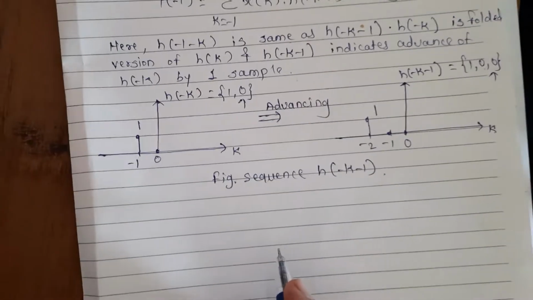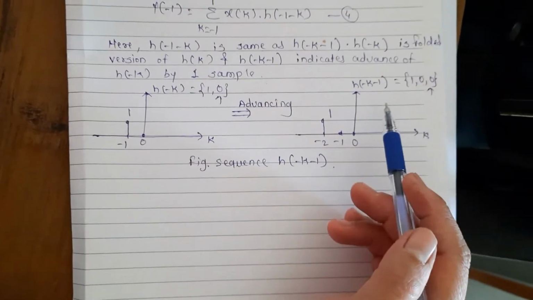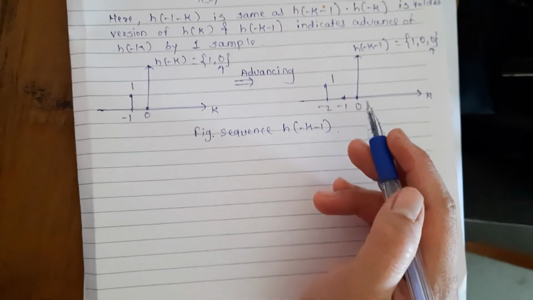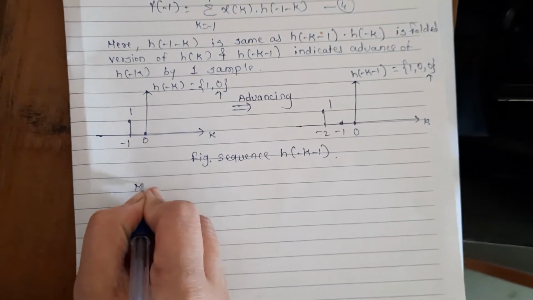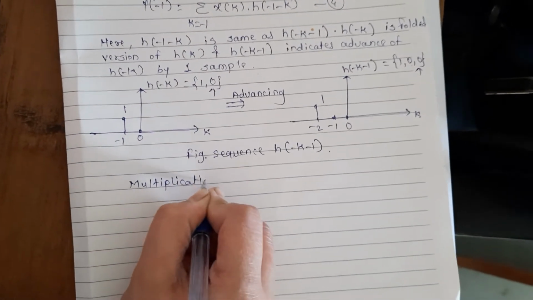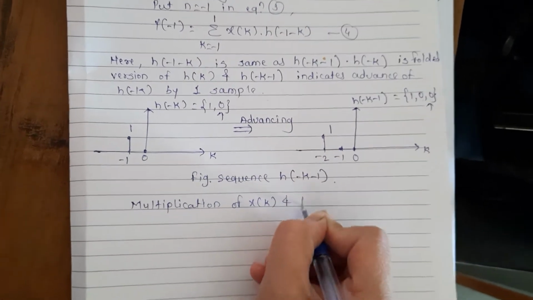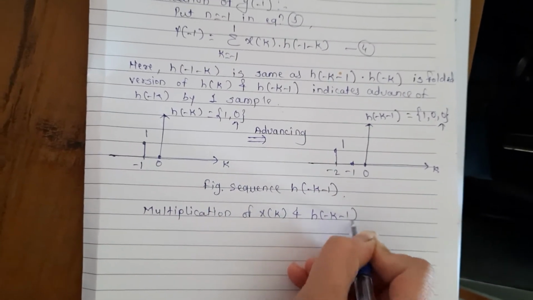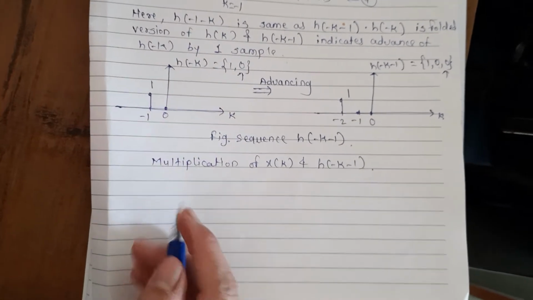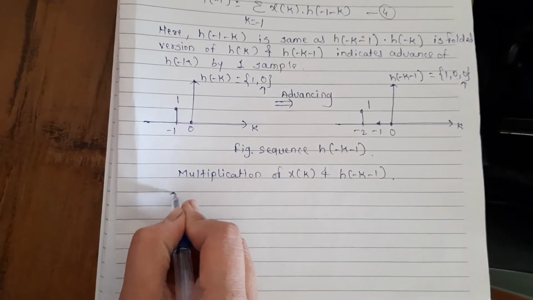Now we have to draw the multiplication of this x of k and h of minus k minus 1. So we draw the multiplication of x of k and h of minus k minus 1. First x of k.